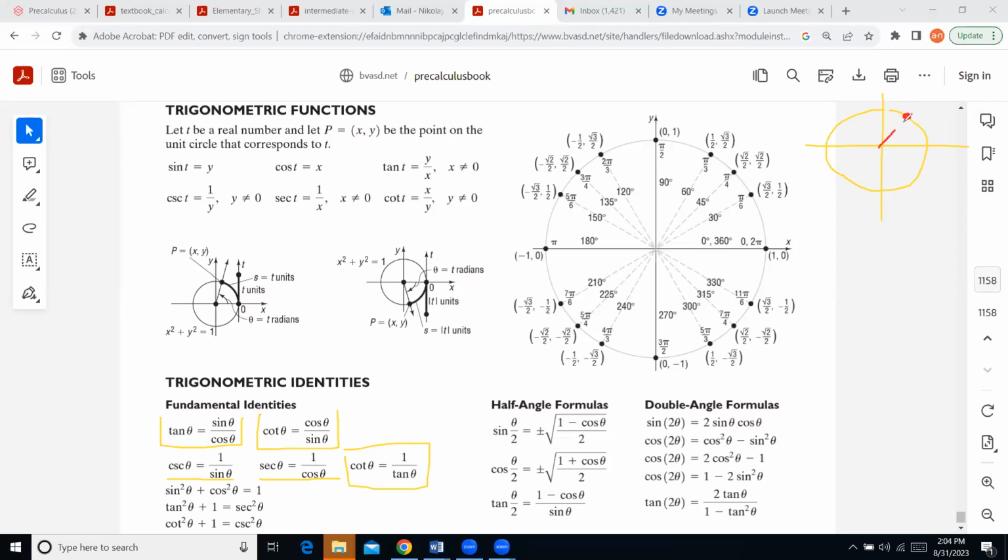If you connect any point on a circle with radius 1, with the center at the origin, then for the angle, they called it t, I believe, we have sine and cosine as coordinates for that point. y is sine of t, the y coordinate, and the x coordinate of that point is cosine.